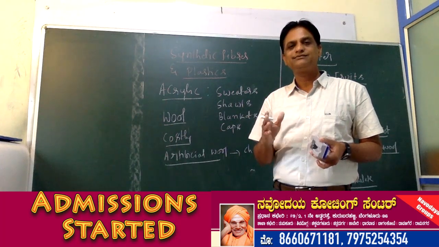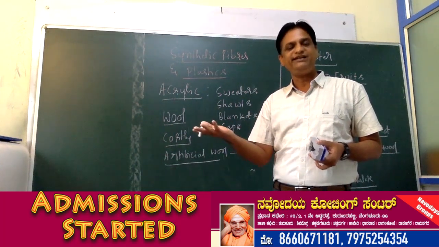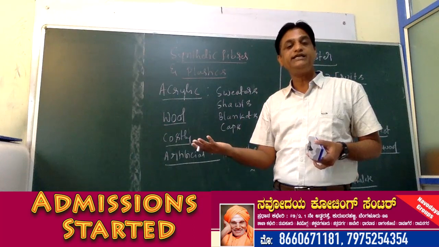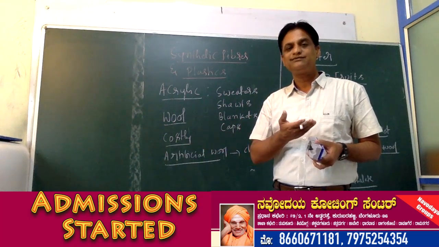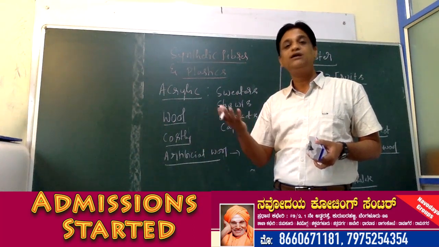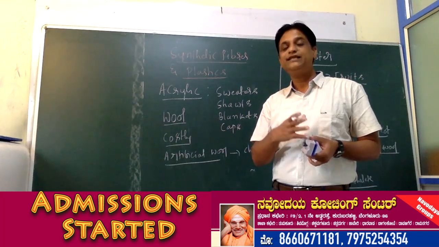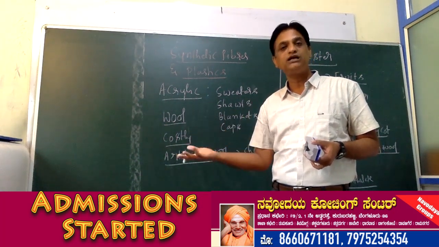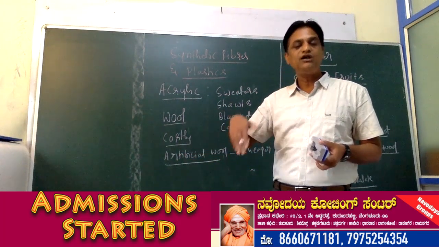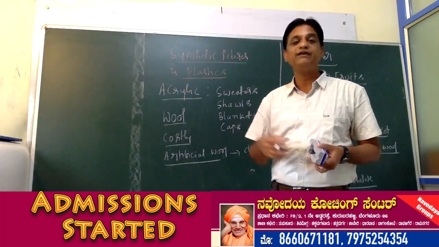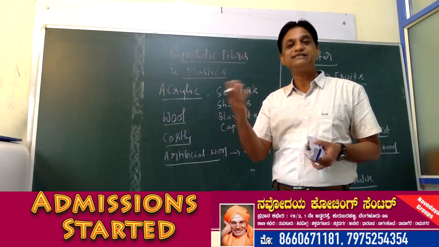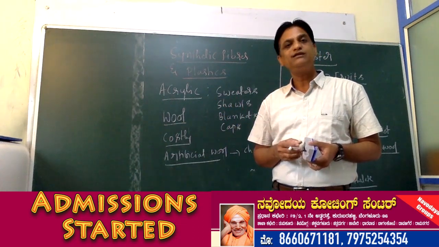And then they are lightweight. Then their durability is more. Then they do not wrinkle. They dry up easily. They do not hold much water. So these are all the advantages of synthetic fibers over natural fibers.